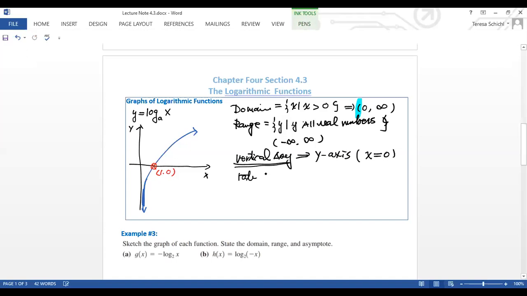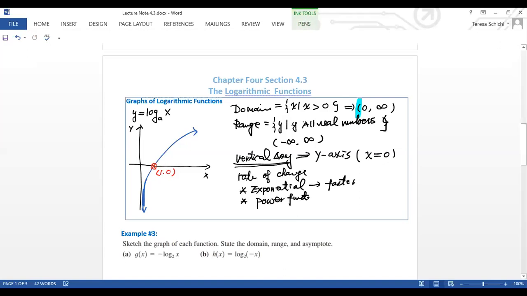So the exponential is the fastest, and it is faster than the power function.